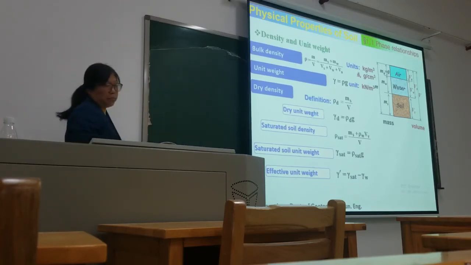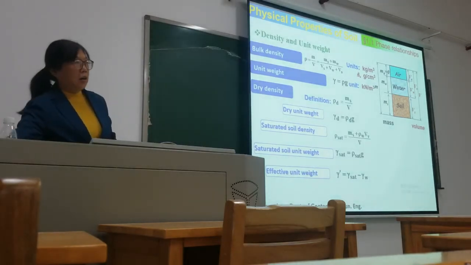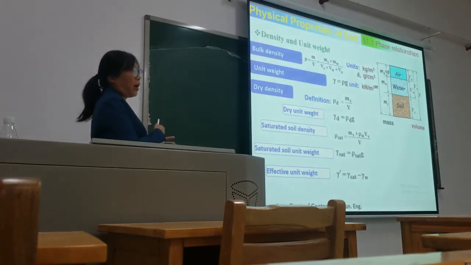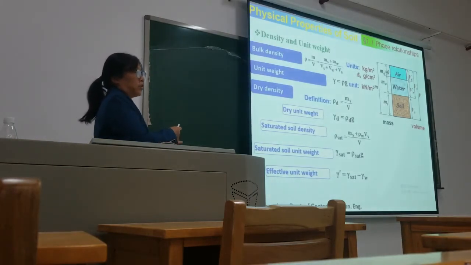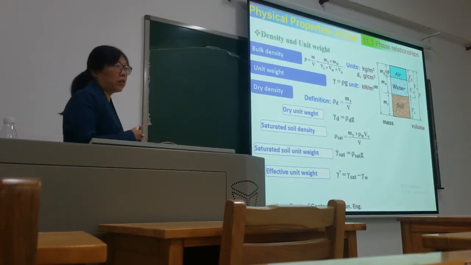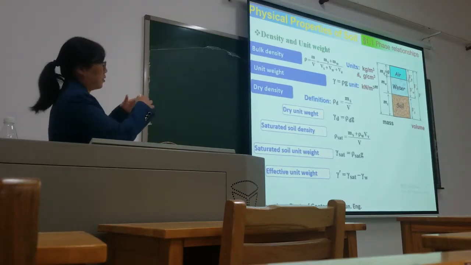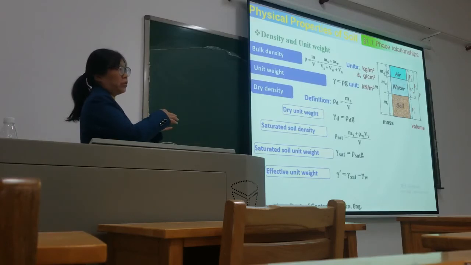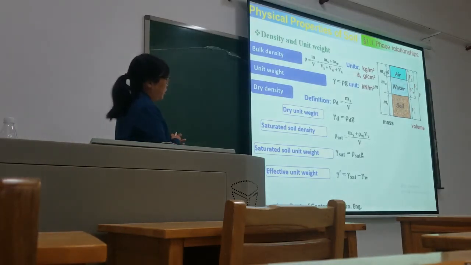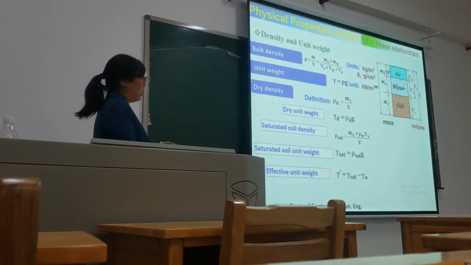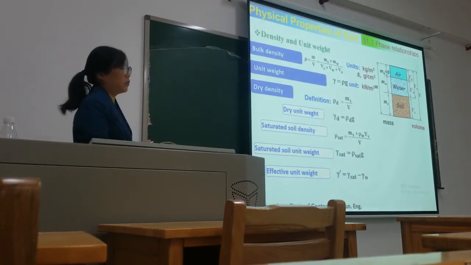The two parameters describe the soil submerged in the water, maybe below the water level. We use saturated soil unit weight or effective unit weight.